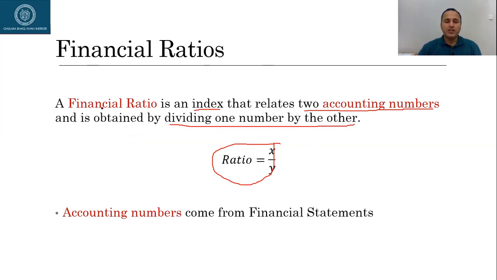But financial ratio, as you can see from the definition, actually relates to accounting numbers. Now the next question is, where are these accounting numbers coming from? Of course they are coming from financial statements. And that's why these analyses are called financial statement analysis.